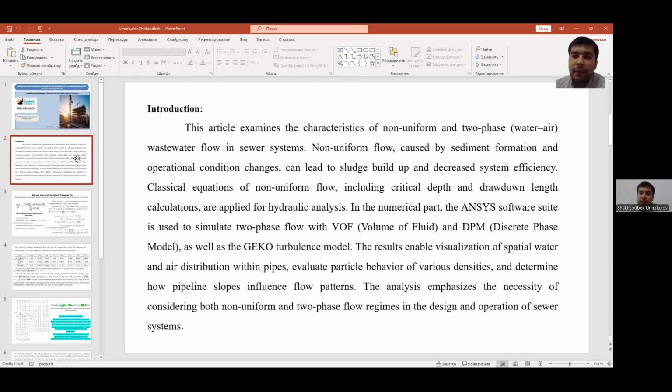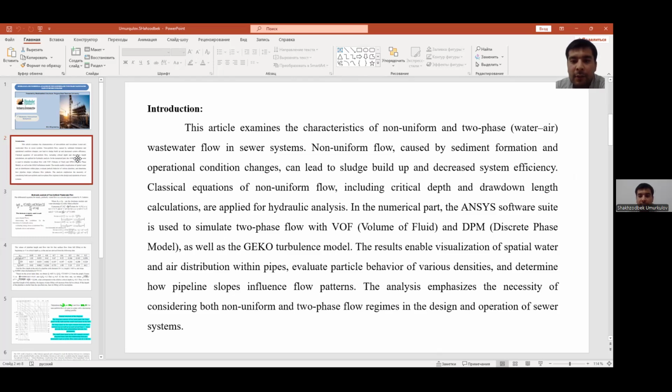I used modern technologies like ANSYS Fluent, which is used to simulate two-phase flow with volume of fluid and DPM, the discrete phase model, as well as a turbulence model.